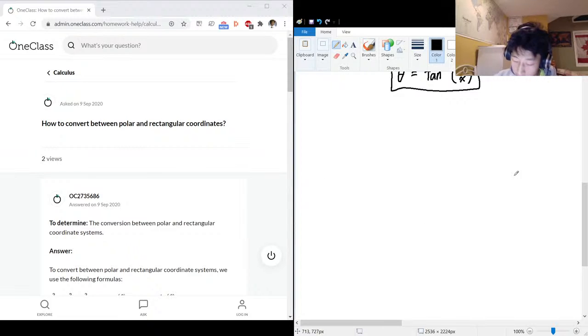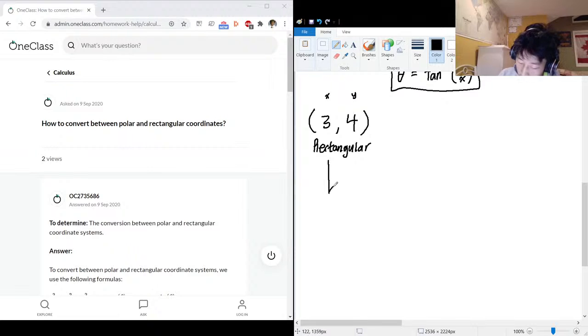Let's say we want to convert the point 3, 4, where 3 is x and 4 is y. So this is rectangular, and let's convert it to polar.